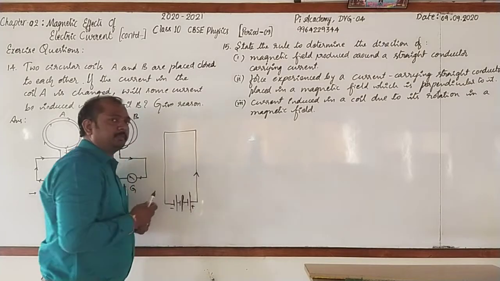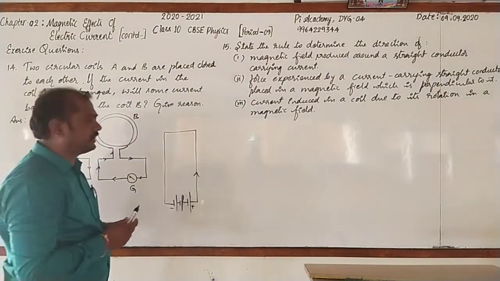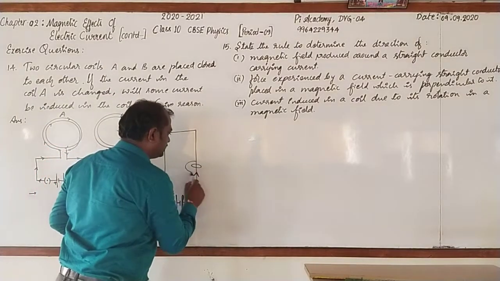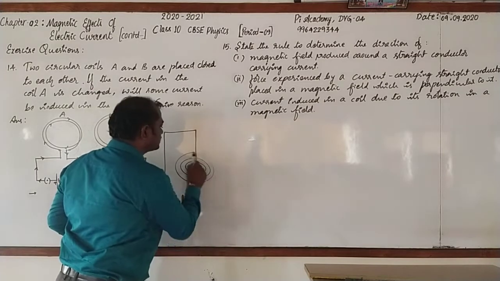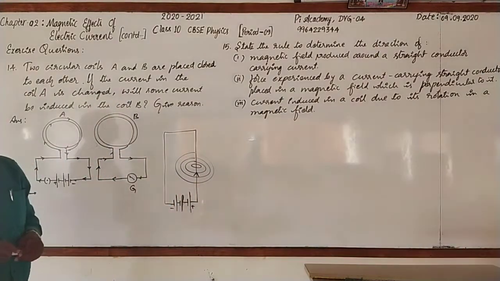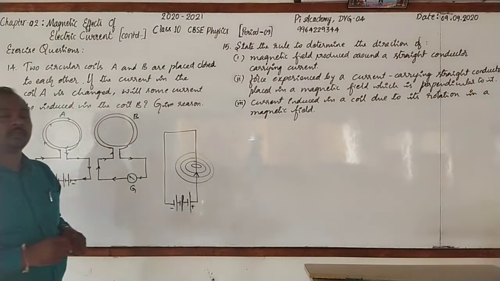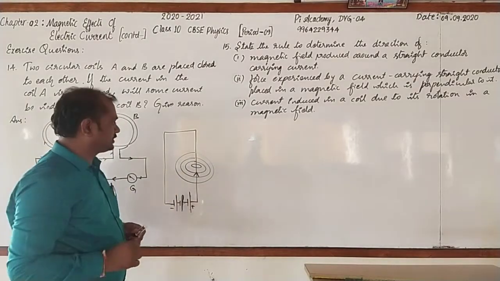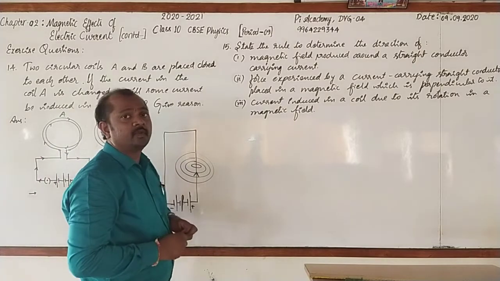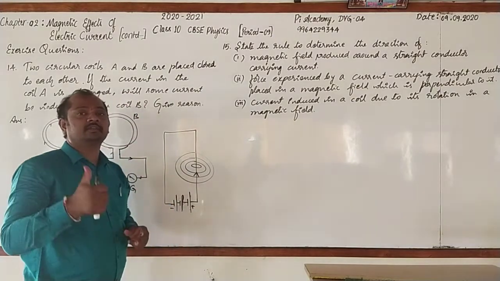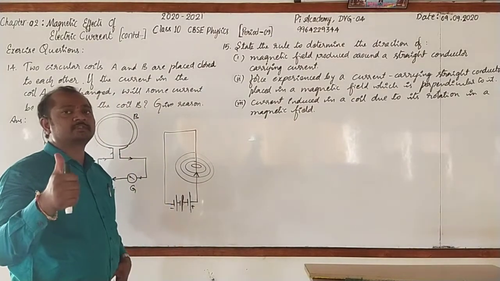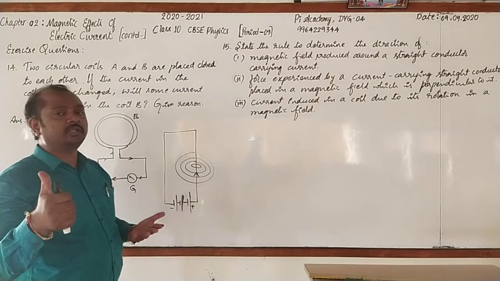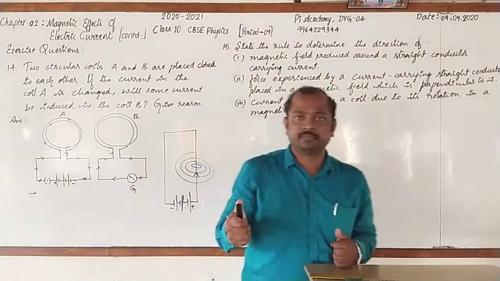Here, what will be the pattern of lines of force around a straight conductor carrying current? Yes, you are right. It is concentric circles. Then to know the direction of magnetic field, which rule should be used? Yes, you are right. It is Maxwell's right hand thumb rule or Maxwell's right hand grip rule. What is the statement of this?